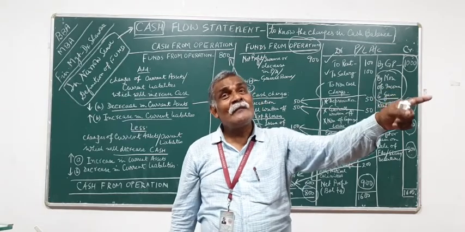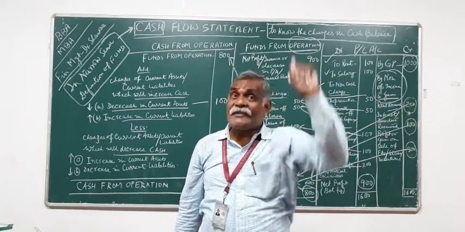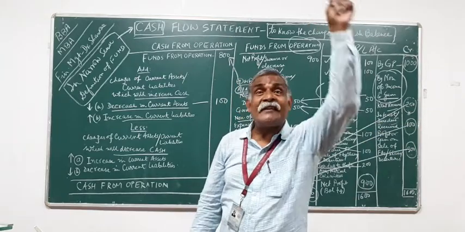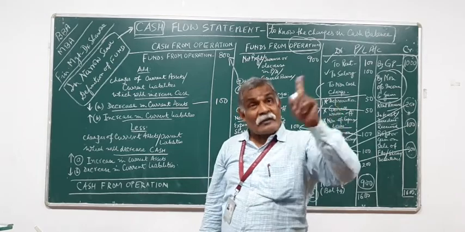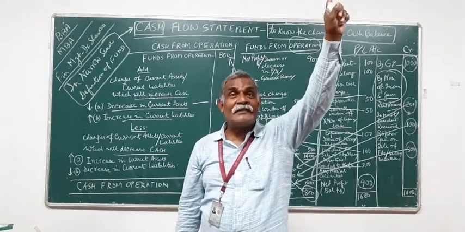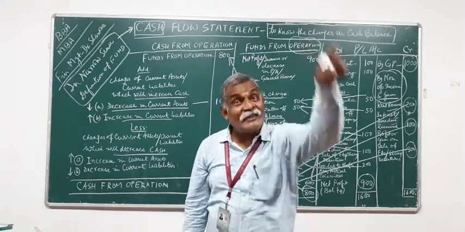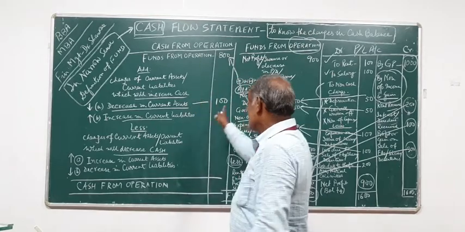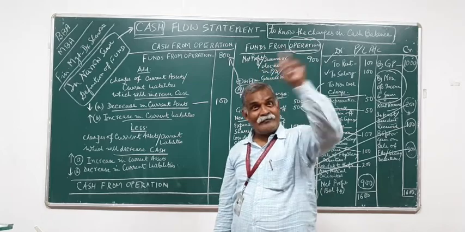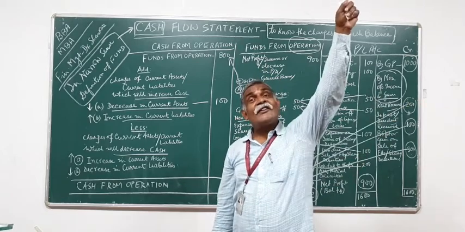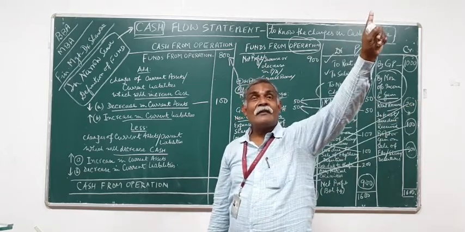There we have seen current assets increase, working capital increases. Here current assets increase, cash decreases. There current assets increasing, working capital increasing.